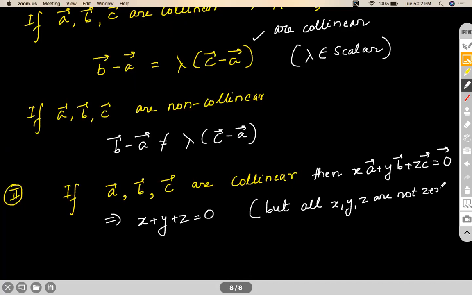That means despite all of them not being 0, their sum will be 0.